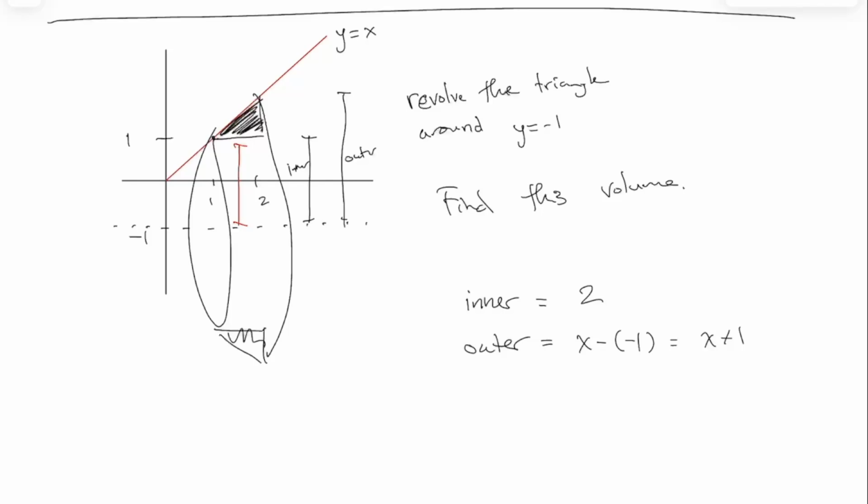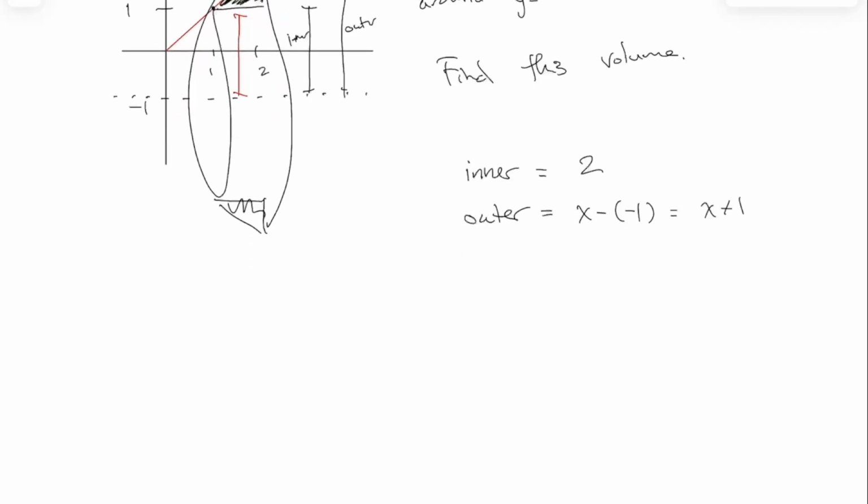Anyway, let's just quickly carry through the integration. Once you have it set up in these kinds of problems, that's often the hard part. So it's pi, and the integral will go from 1 to 2. That's the range of x values. And then it is the outer function squared minus the inner function squared, the outer radius and the inner radius, with a dx.